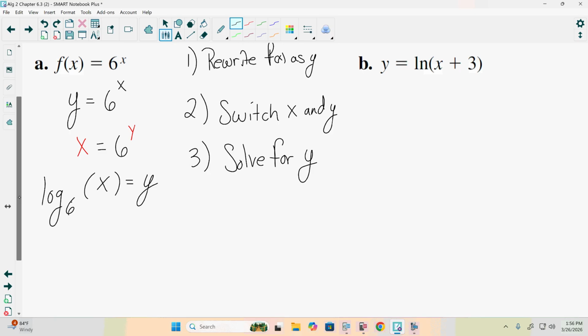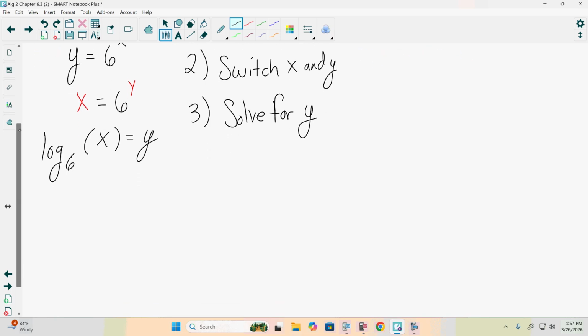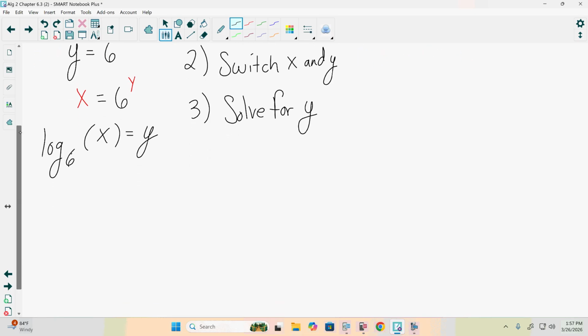Questions on how we switched it from exponential to logarithmic? Is y by itself? So that undid that function. It got that value of y out of the exponent, and y is by itself.